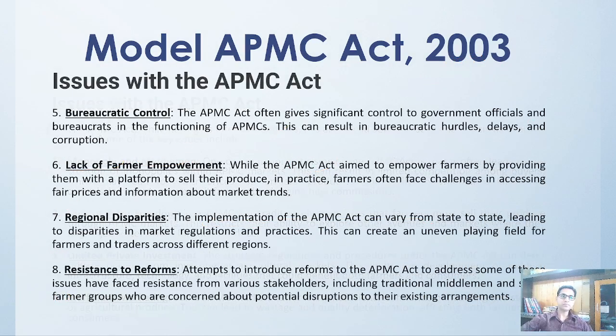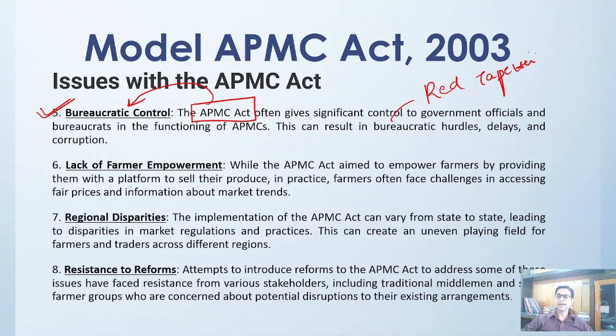Then bureaucratic control, because wherever you have laws and acts, there is a whole mechanism of bureaucracy. Government control, government licensing, government delays, bureaucratic hurdles, or we call it red tapeism. Then farmer empowerment: there is very little empowerment, because it was thought that the APMC would empower the farmer, but the platform is not at all farmer friendly.